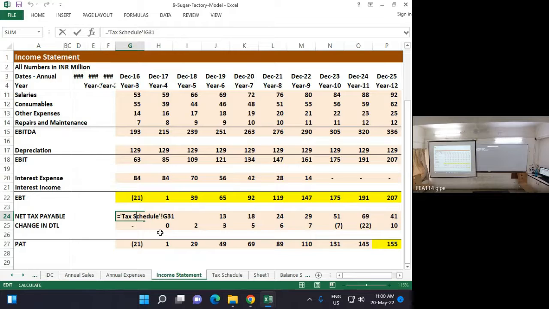Let me see the numbers. Okay. So it was getting accumulated.